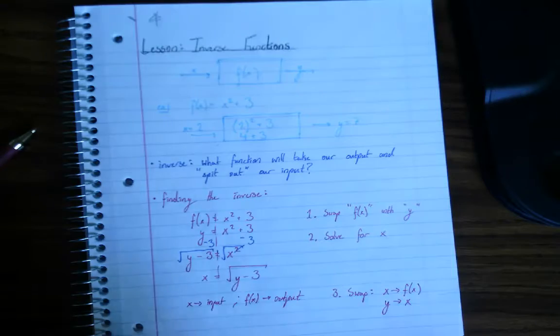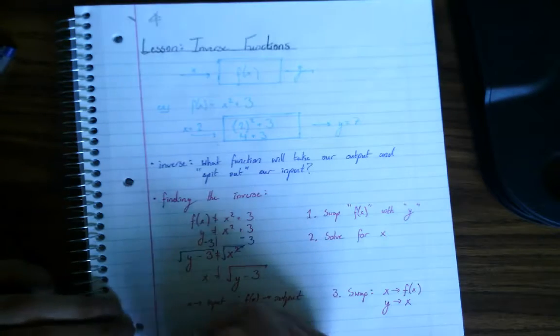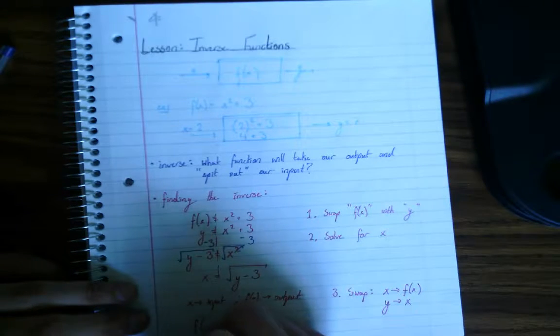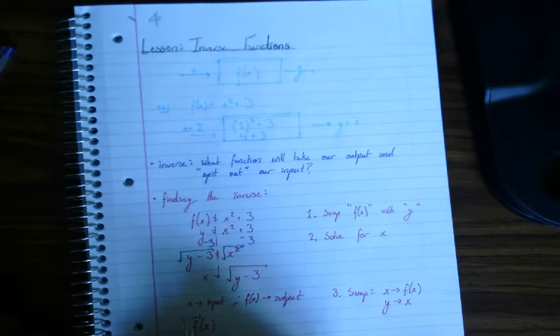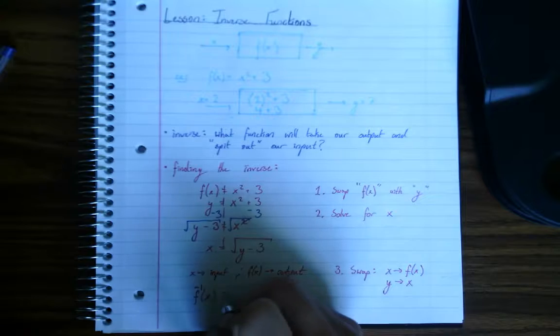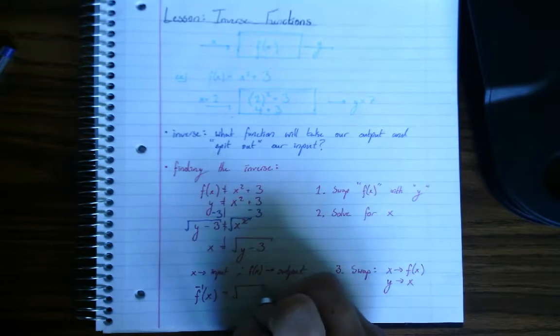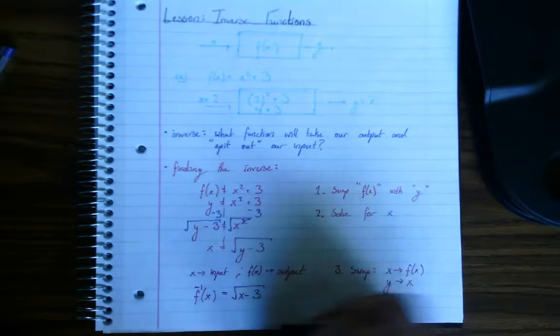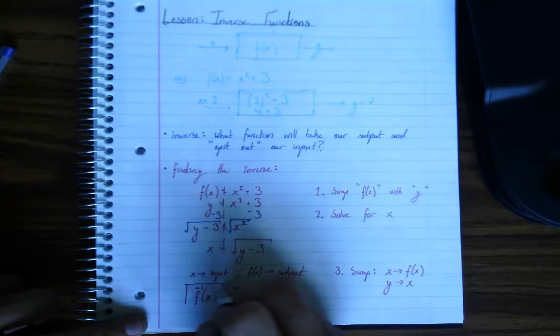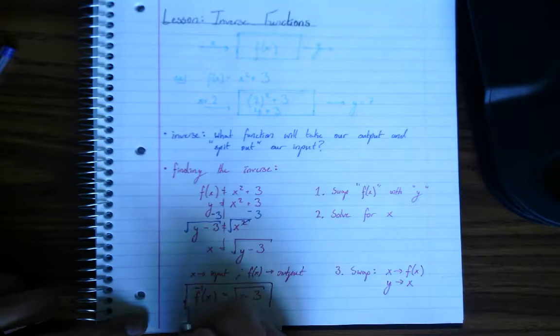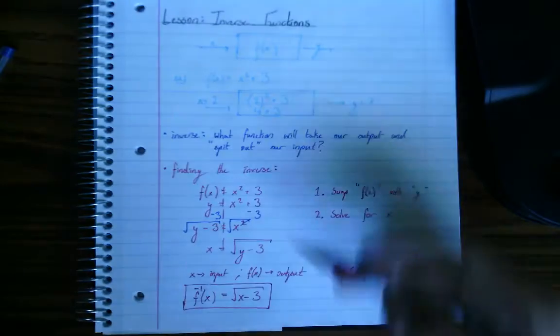So our final function becomes f inverse of x, that's what the -1 up here means, is going to be equal to the square root of x minus 3. So that's all there is to it.